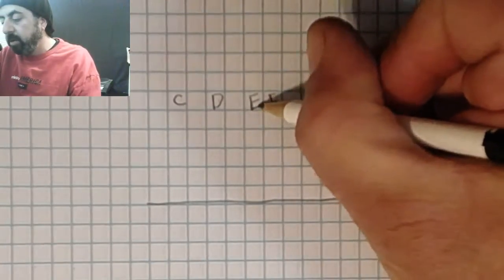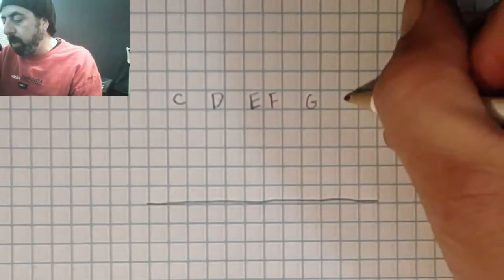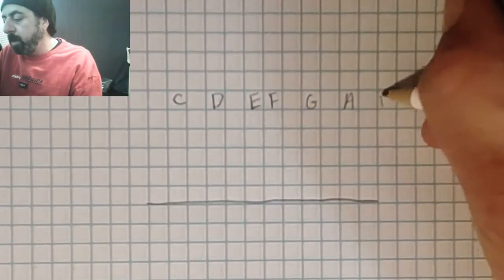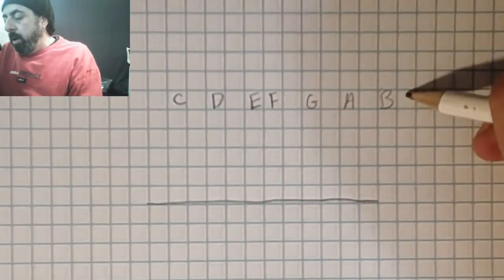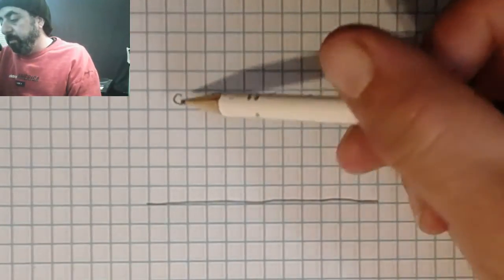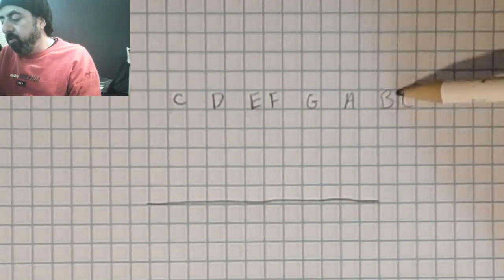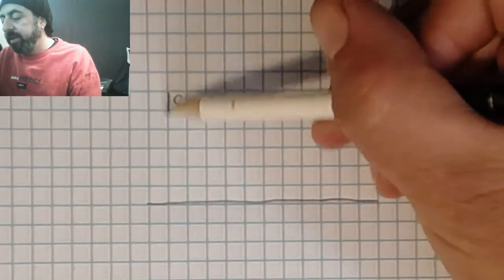In particular, that would be the E note and the F note, and between the B and the C note. And you see that leaves us 12 possibilities in between these lines.